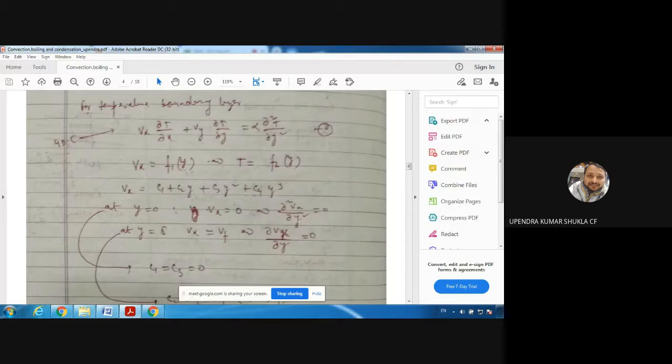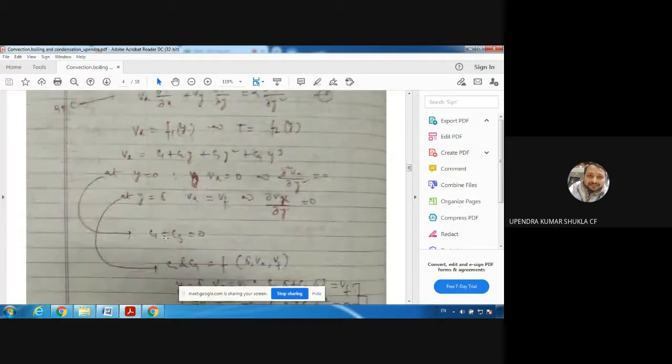At y equal to delta, at the top of the boundary layer, you will find Vx is equal to Vf, the velocity of the fluid, because that's the definition of the boundary layer. It becomes 99% of the fluid velocity, almost equal to it. So Vx is equal to Vf and del Vx over del y, the velocity gradient, is 0.